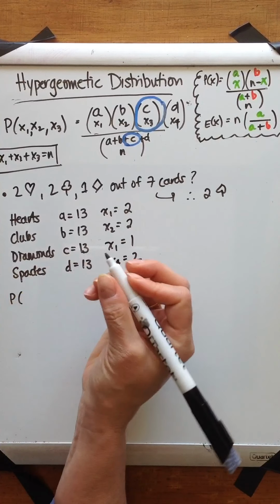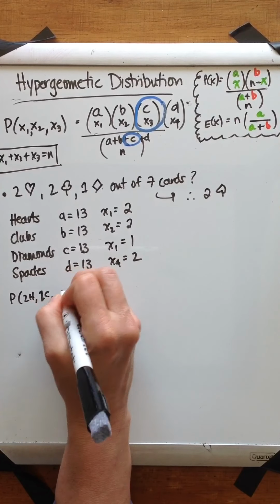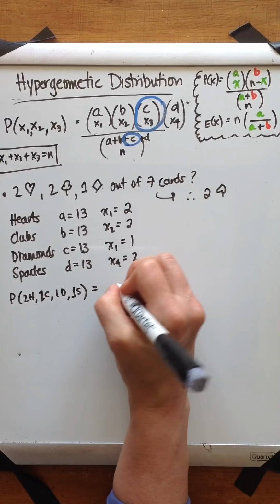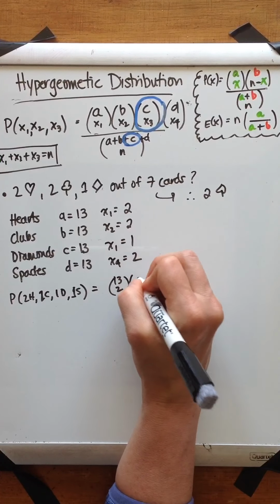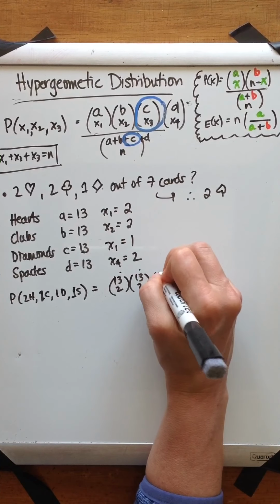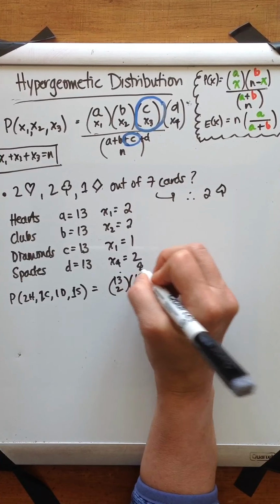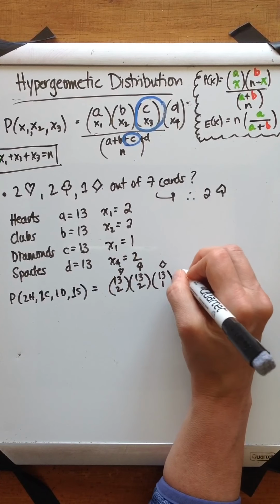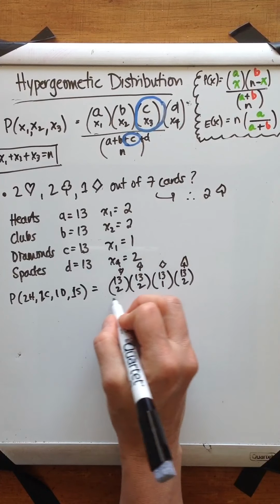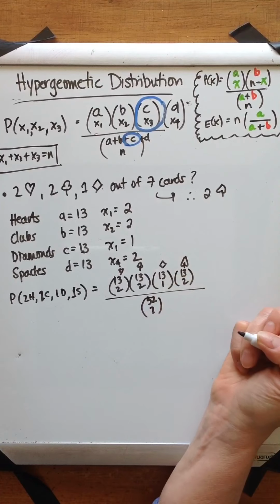So the probability of 2 hearts, 2 clubs, 1 diamond, 2 spades is equal to 13 choose 2, here's our hearts, 13 choose 2, here's our clubs, 13 choose 1 for the diamonds, maybe put a little symbol up here just so you know where I got them from, 13 choose 2 for the spades, all over, no restrictions, which is 52 cards, choose any 7. Okay.